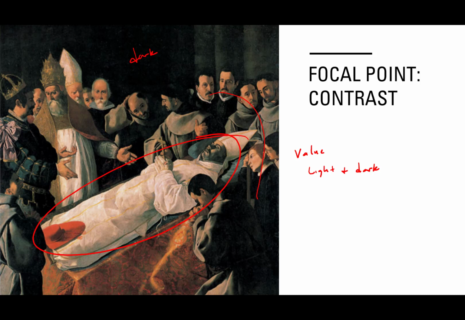Even the people, which also, again, a lot of focal point is multiple clues, not just one. Here you have directional as well, because they're all looking mostly towards him. Then you also have position, because he's center. The big focal point though is the contrast. Very light to dark.